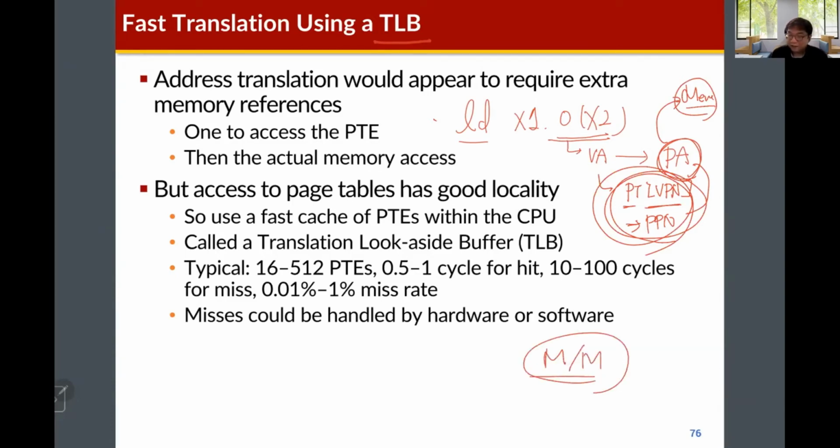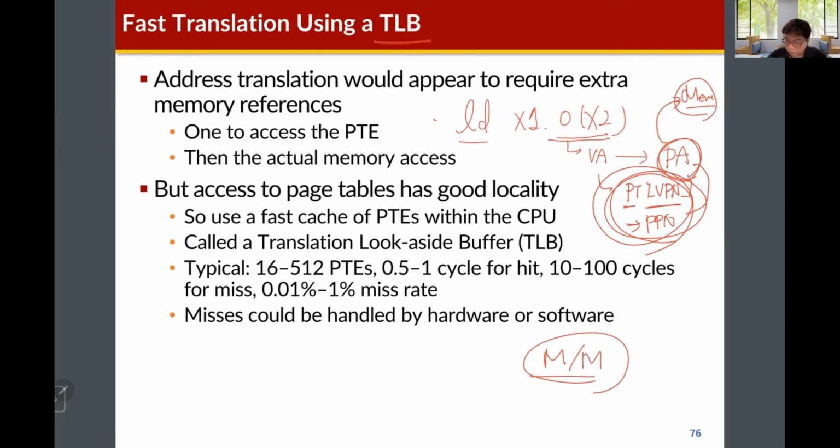I said in the first class of the memory hierarchy chapter that the main memory is so slow. The latency to the main memory is about 100 cycles, or even it can be 1,000 cycles.